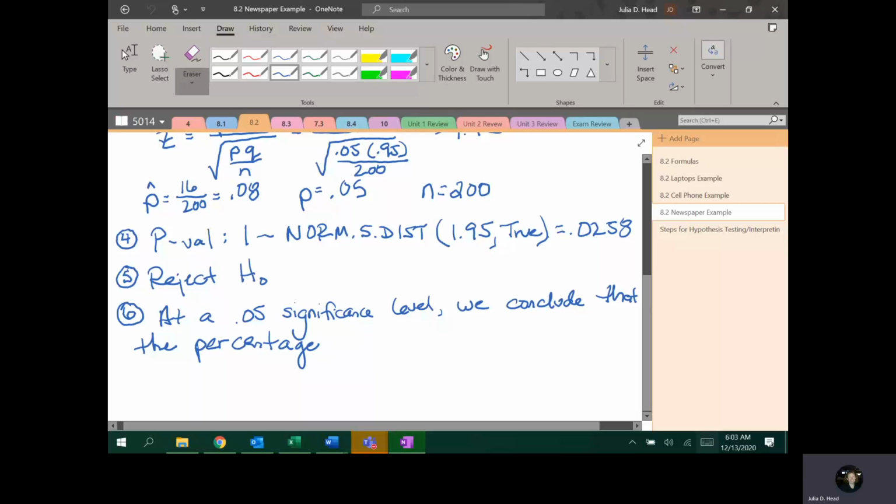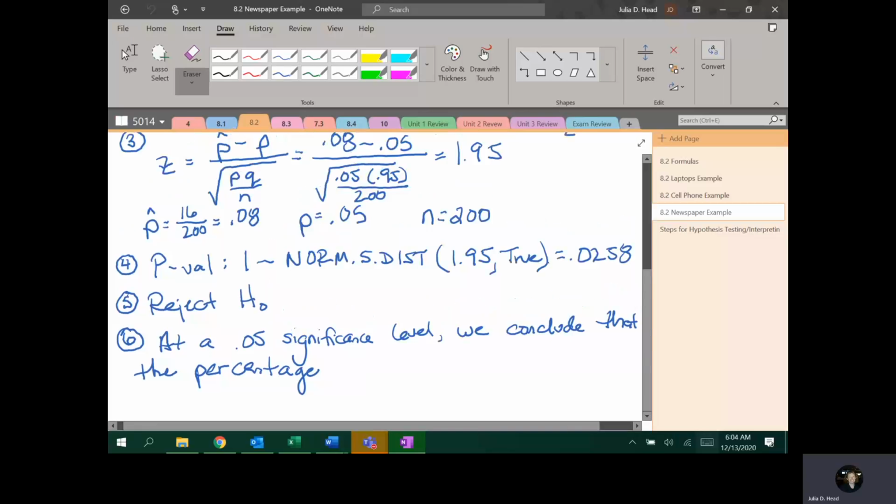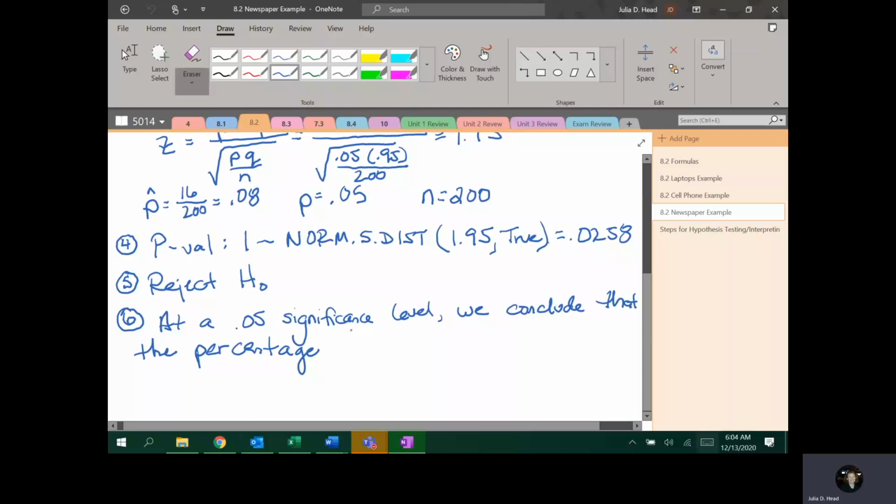Later on, we won't use proportion or percentage, we'll use the word mean, or whatever parameter we were testing. So we conclude that the percentage, so for proportions, now talk about what you were measuring. We were measuring printing errors. So the percentage of printing errors.